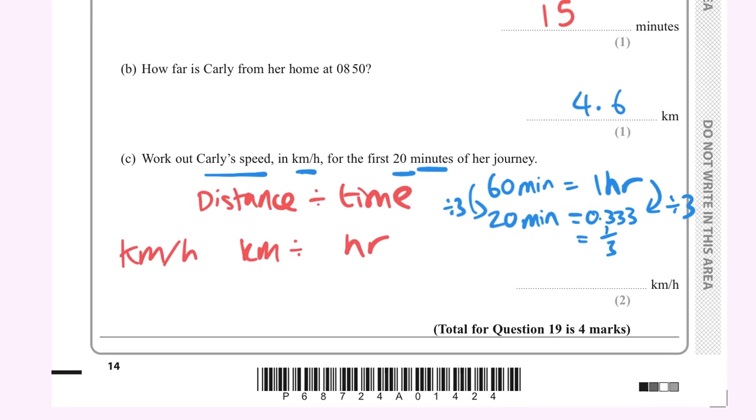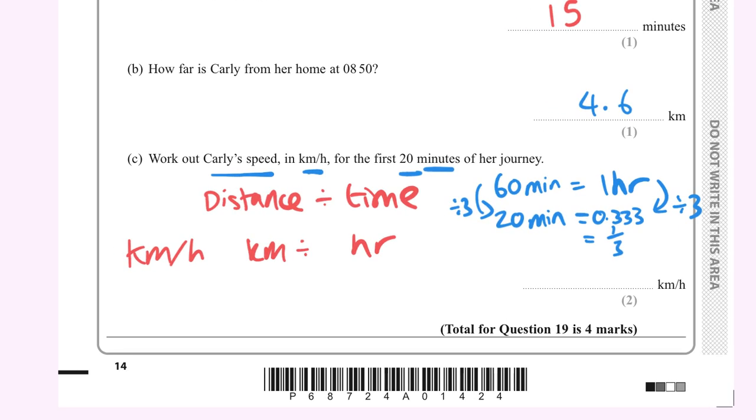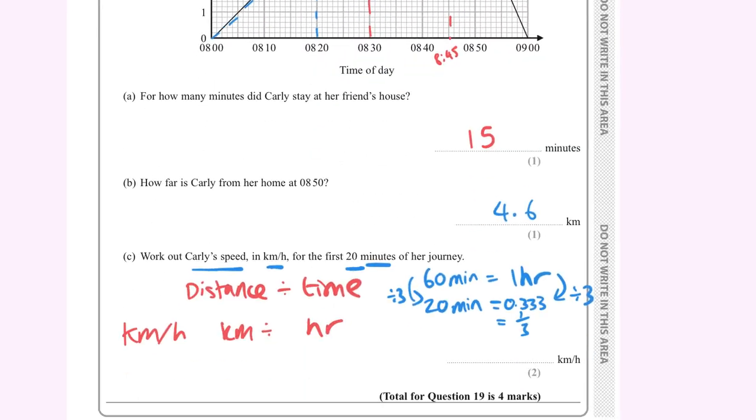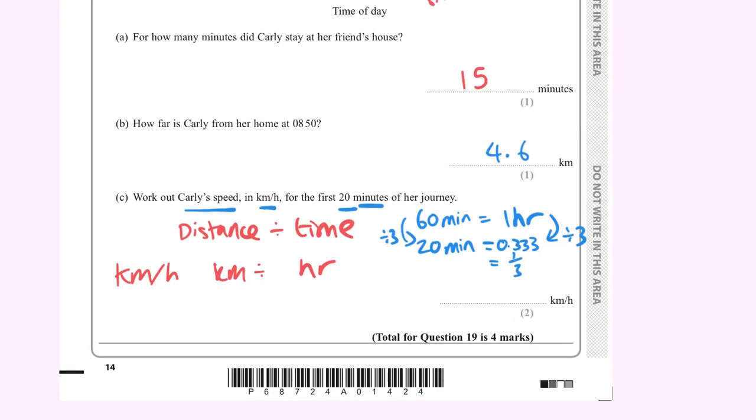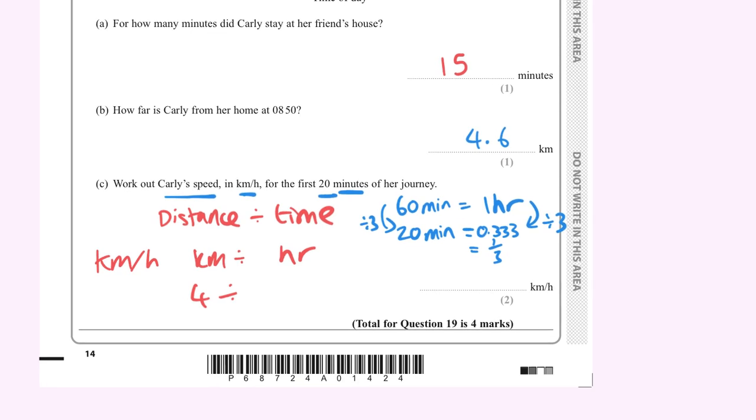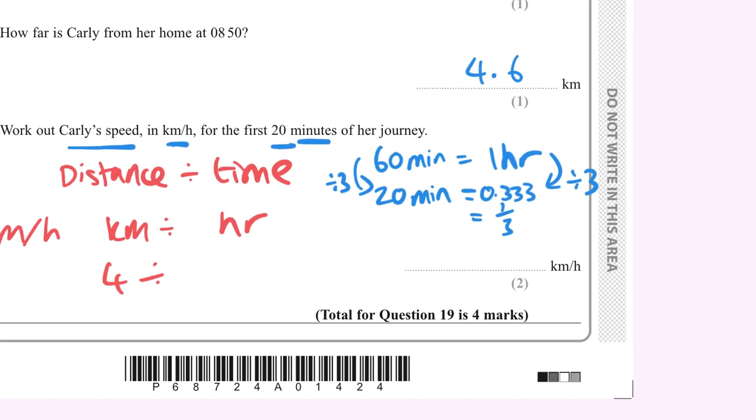So we're doing our kilometres, so that was, let's have a look again, that was 4. So we're doing 4 divided by, and then in hours, it's either 0.3333 or just 1/3. 4 divided by 1/3, put that into your calculator, and you get 12.